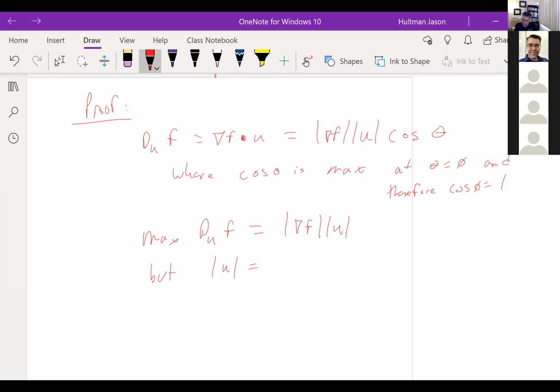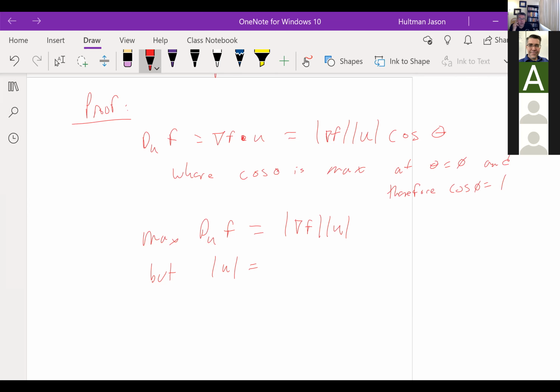We go back to the definition. Because it's a unit vector. Exactly, thank you, Angie.